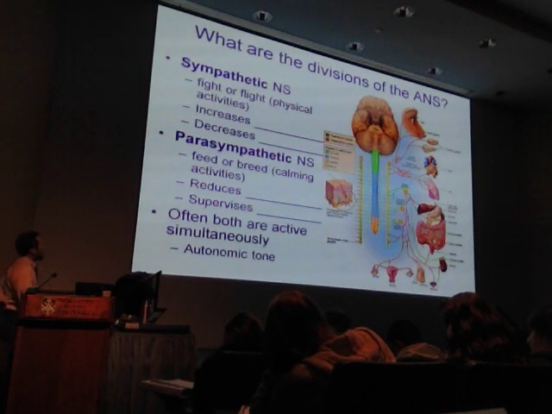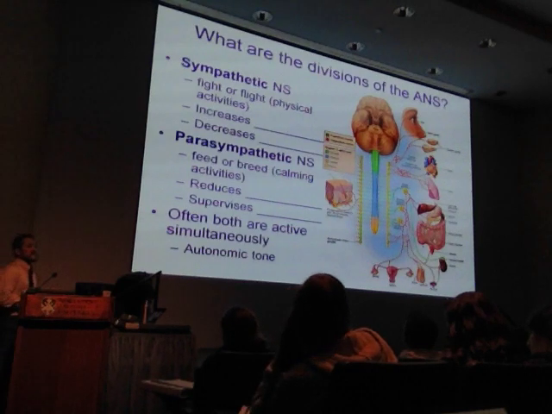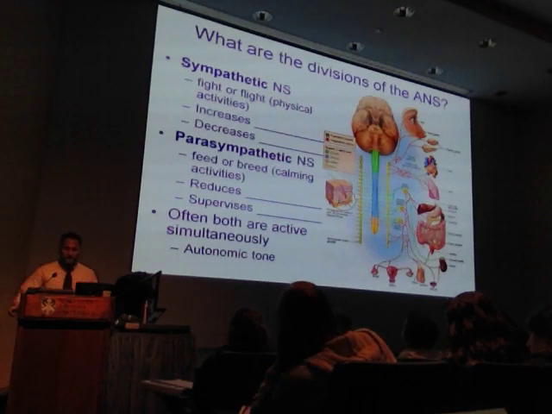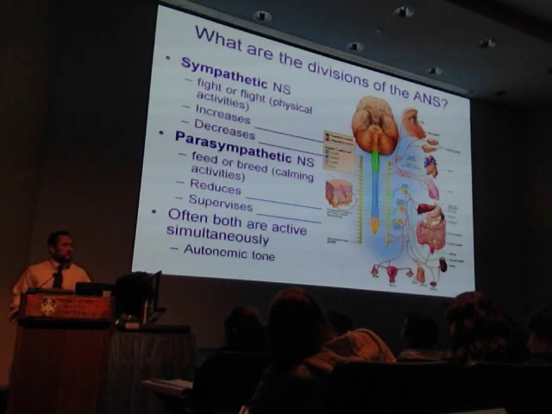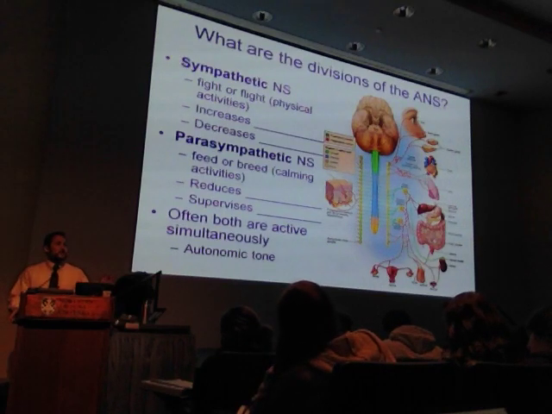In our parasympathetic nervous system, this is dominating by rest and digest, or calming type of activities. So it tries to reduce energy expenditures, and it, what we call, supervises or oversees digestion and waste elimination.